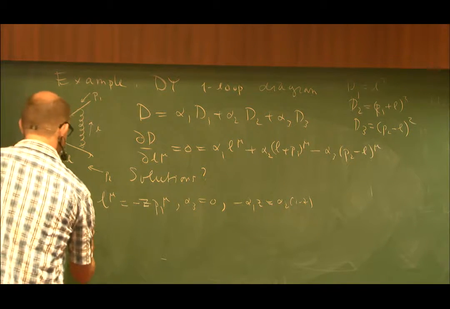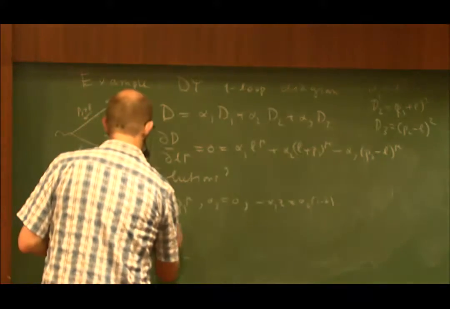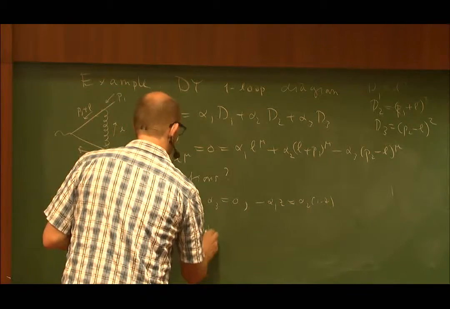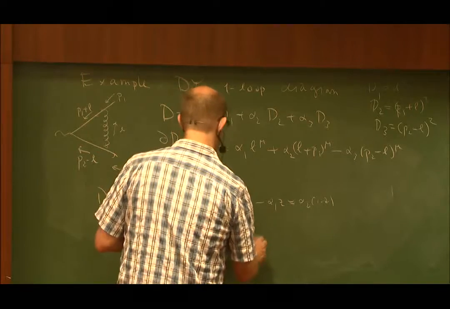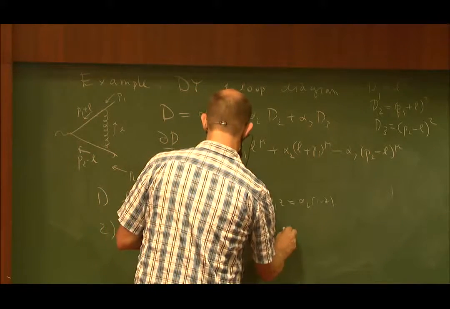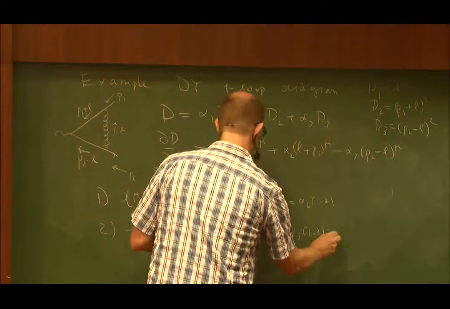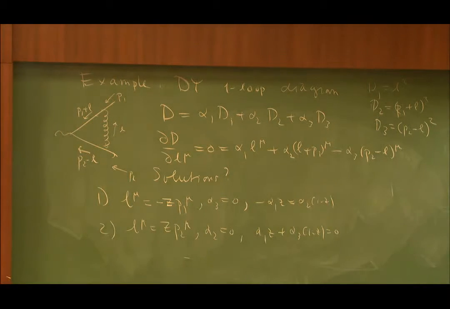The second solution to this equation is where this is perfectly collinear to the other incoming momentum. If I set alpha 2 equal to 0 and alpha 1 z plus alpha 3 (1 minus z) is 0, that's a similar solution where the loop momentum is perfectly collinear to the incoming antiquark momentum.